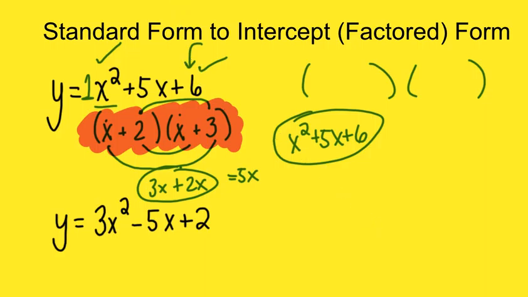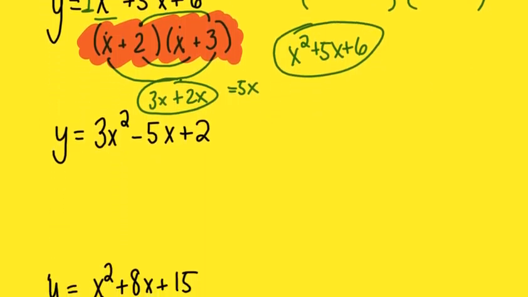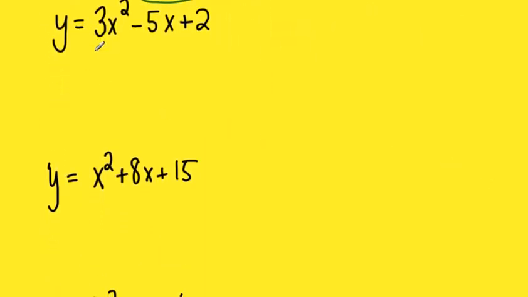Okay, and now for the second one. There's not a GCF there, so let's try to factor it. To get 3x squared, I would do 3x and an x. Now to get a positive 2, there's only 1 and 2 that multiply to be a positive 2. So I know I have to have a 1 and a 2.